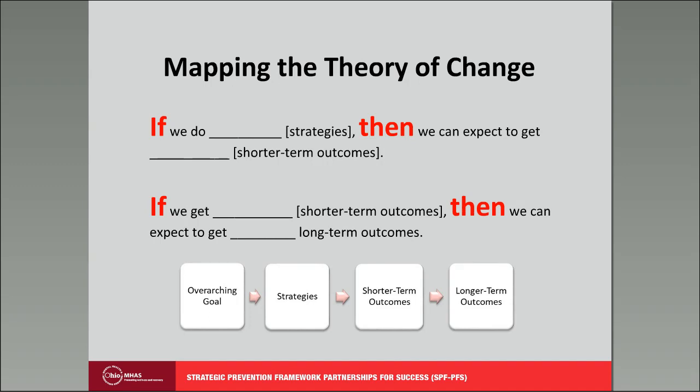So if we do the strategies that we've chosen, then we can expect to get these shorter-term outcomes. If we get these shorter-term outcomes, then we expect that they will lead into longer-term outcomes. We will achieve our desired outcomes if and only if our logic chain is well executed and makes sense.